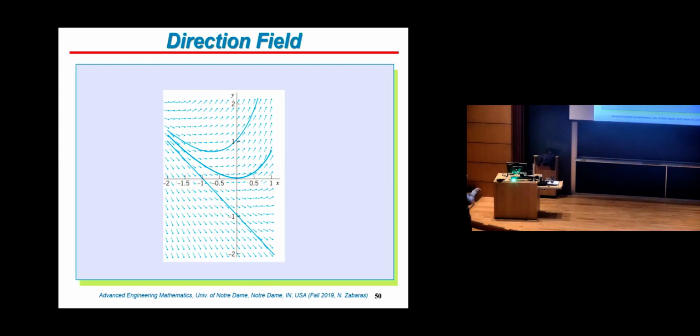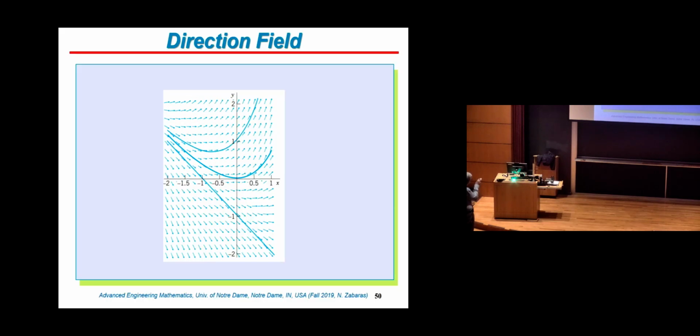Obviously, I'm going to be going somewhere down there, right? I will never be able to cross this line, okay? So I'm going to go to minus infinity. Now, what happens if I start somewhere in this region, above this straight line? So eventually the solution goes to infinity, positive infinity.